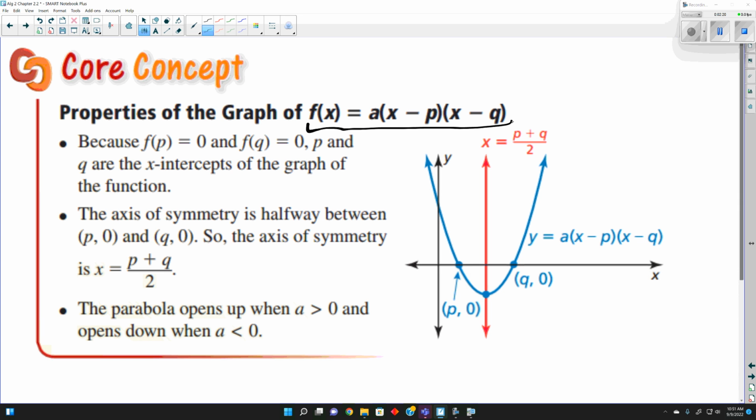Primarily because the values of p and q here give us the x values of the x-intercepts, where it's going to cross the x-axis. And those points can be written as (p, 0) and (q, 0).